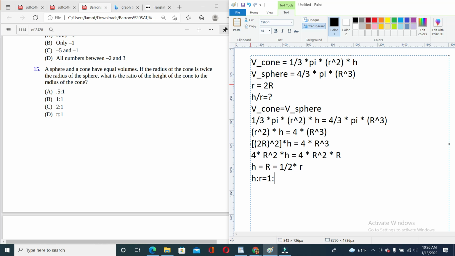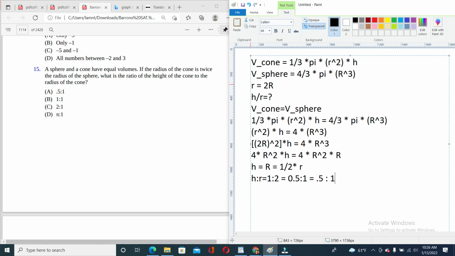1 divided by 2, which is 1/2, and that's actually 0.5, 0.5 divided by 1. So in this case you have to look very carefully at the answer. It's not given as 5 divided by 1, but it's 0.5 divided by 1.